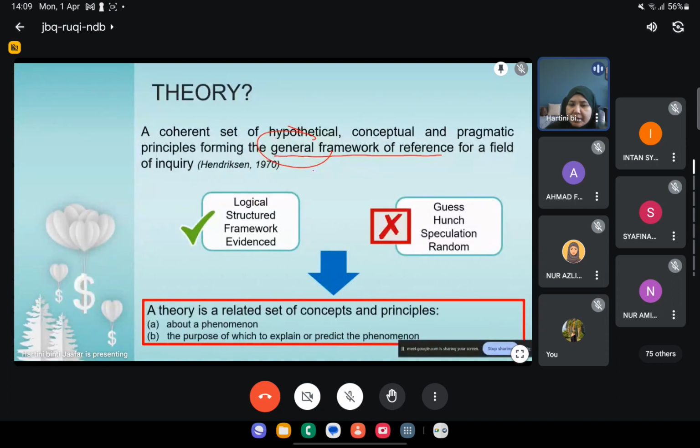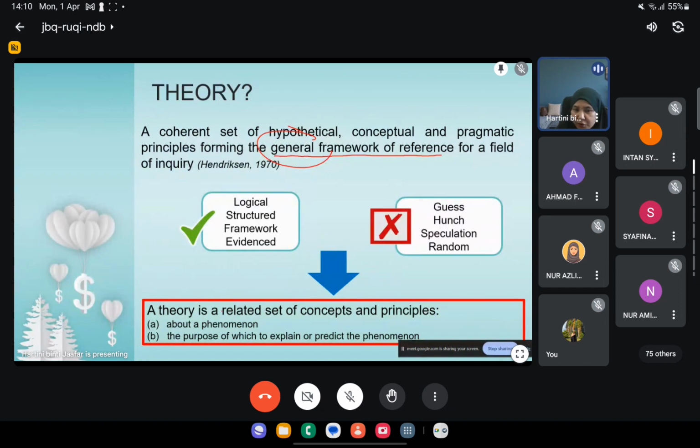So by looking at these different features or qualities that we can relate to theory, it can be said that a theory is a related set of concepts and principles that explain something that happens.